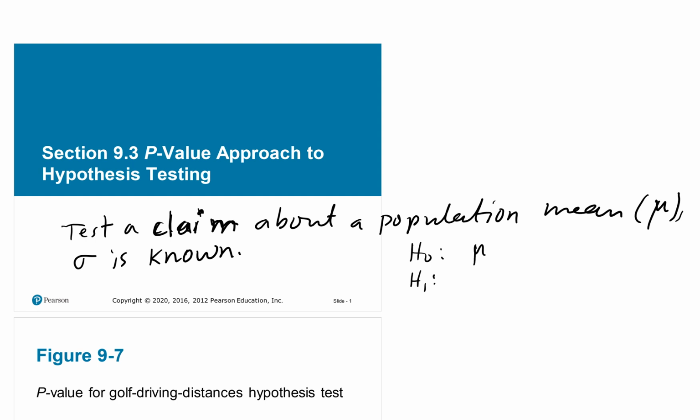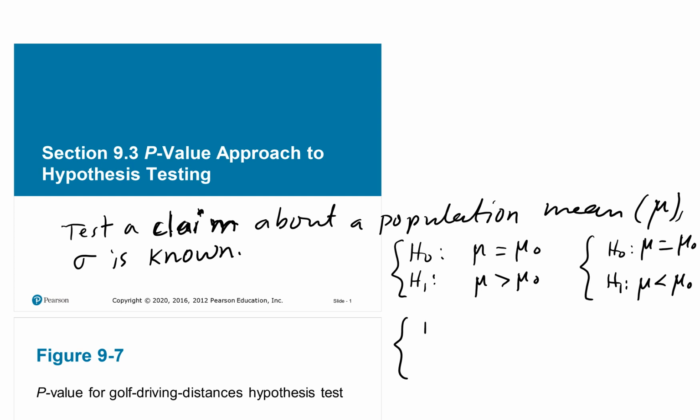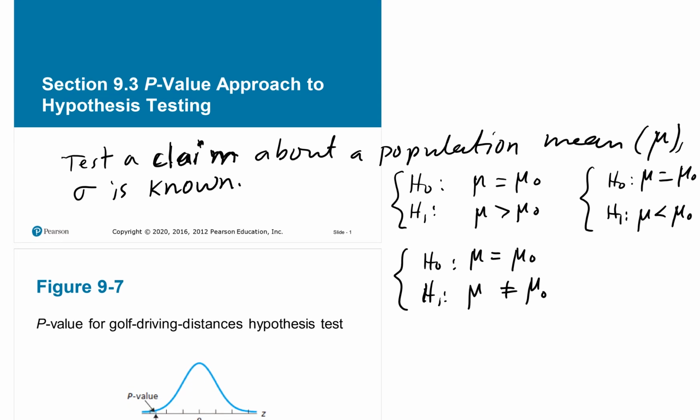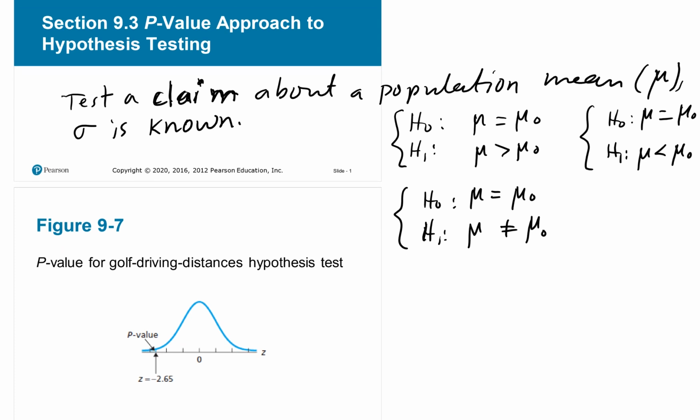It's always mu equals mu 0, and H1 could be a right tail test, mu greater than mu 0, or mu less than mu 0, or mu does not equal mu 0. So these are the hypotheses. It's going to be one of these conditions.